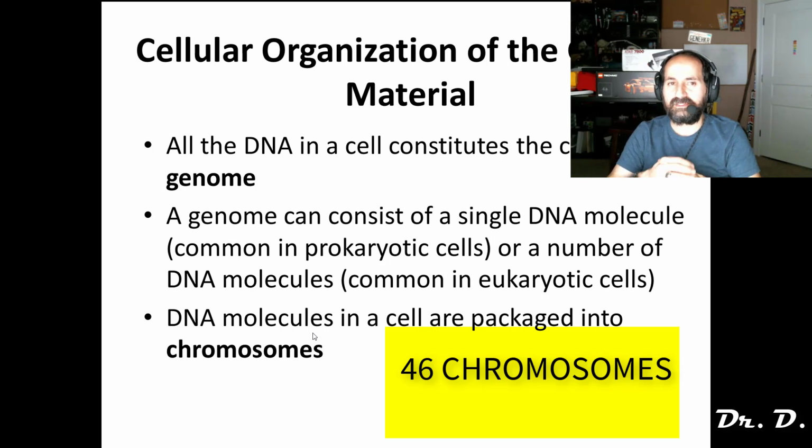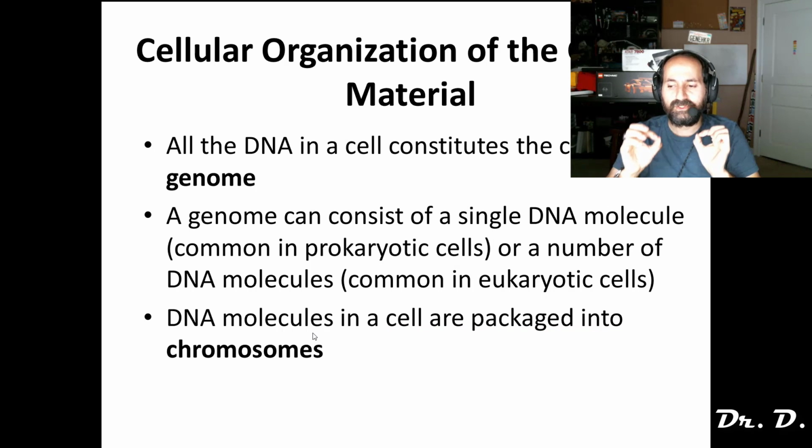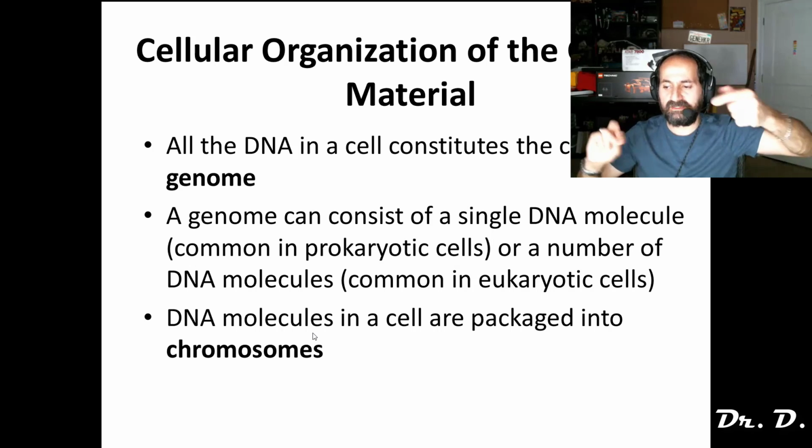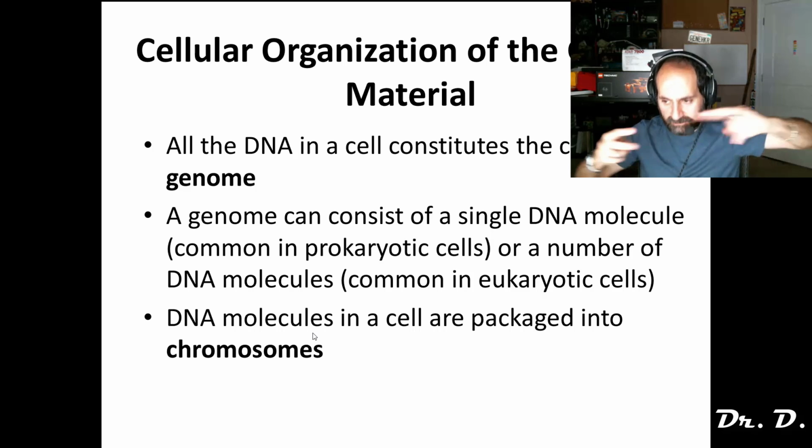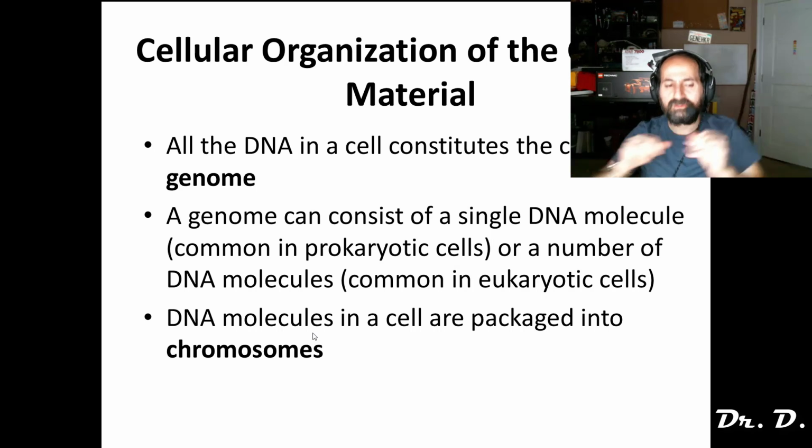We have 46 pieces of DNA inside each and every one of our nucleated cells. Okay, good. So a genome is all of your chromosomes. A chromosome is one molecule of double-stranded DNA. Now we know. That's great.